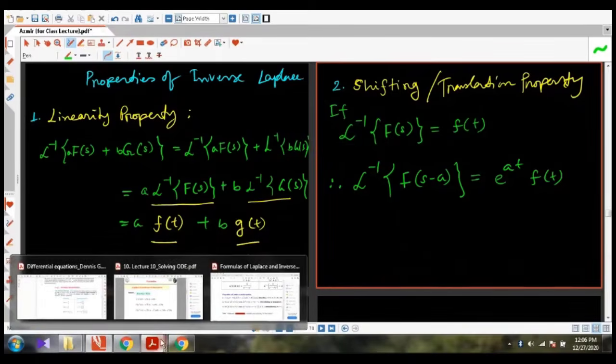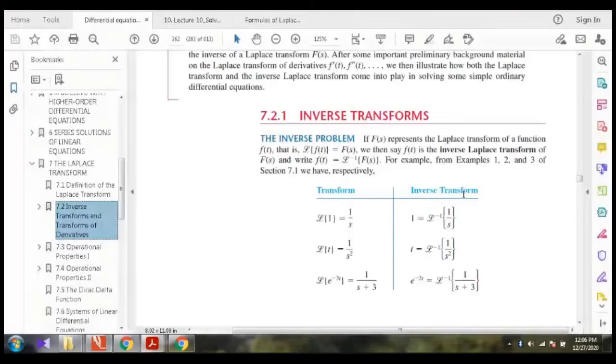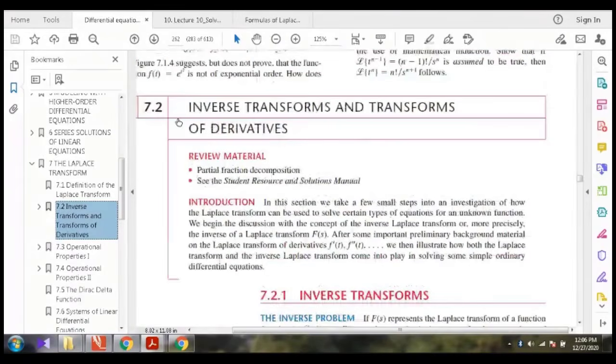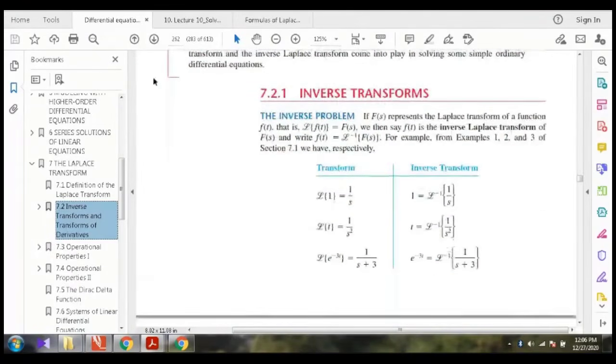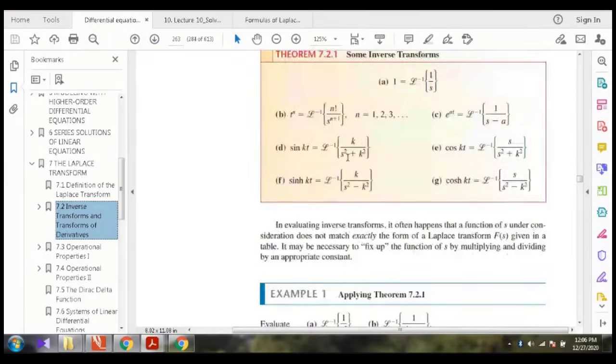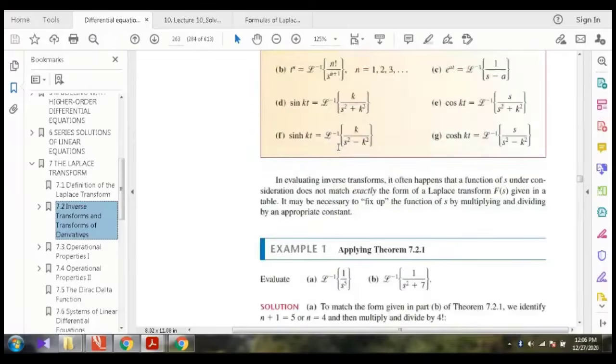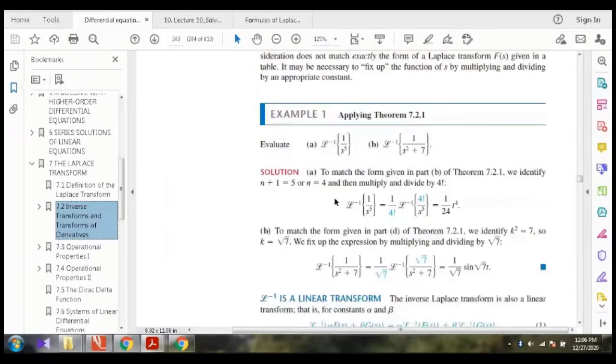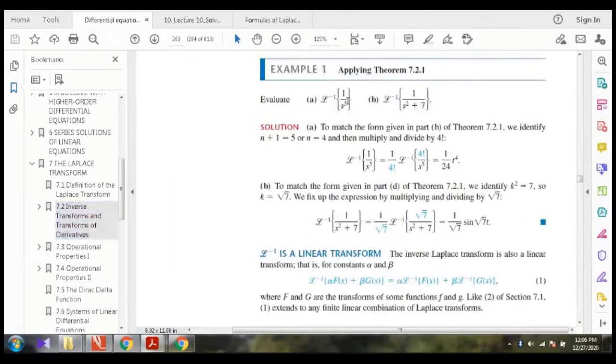For inverse Laplace transformation, you can go through the problems from section 7.2 of the book Differential Equations by Dennis Zill. All the formulas are there too. You can see the inverse Laplace of 1 over s to the power 5 is directly solved to 1 over 24 t to the power 4.